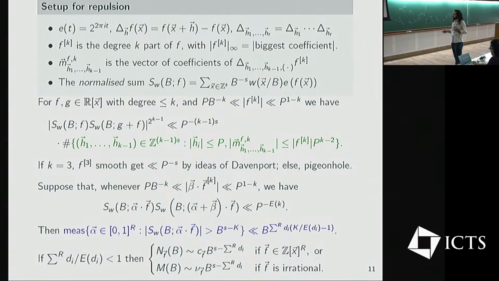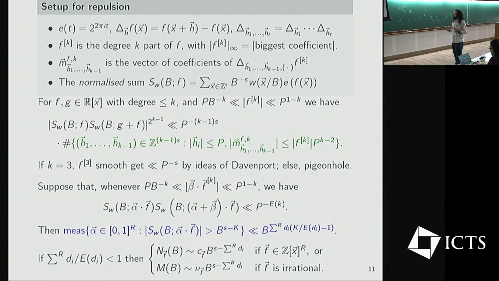What we want to show is that the set of linear combinations of f for which this exponential sum has big absolute value has small measure. So this exponential sum rarely has big peaks. What repulsion does is it hands you a result of this shape, that this exponential sum is rarely big. It's large only at certain large well-separated peaks.